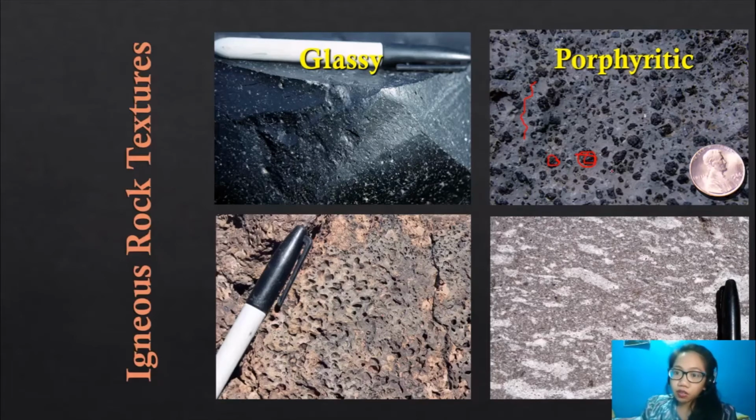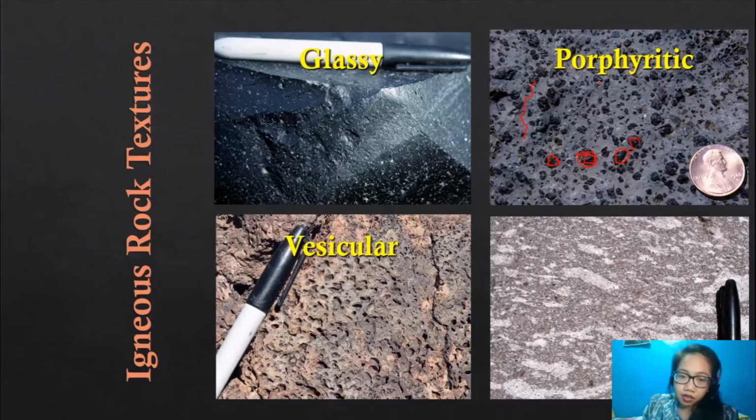In the earth, these coarse grained materials had already started to cool down, and then it later spewed onto the surface and created another type of cooling down or faster cooling down. So you have a combination of both types of grains. So that's called porphyritic.